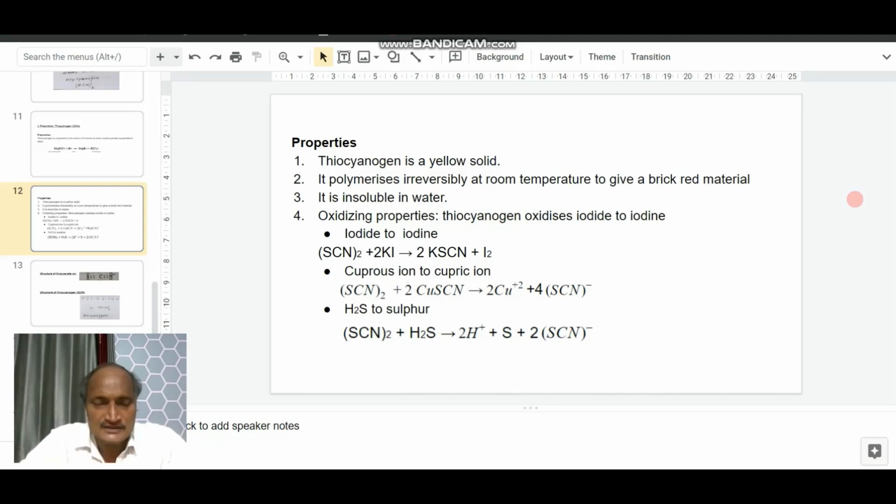It also oxidizes hydrogen sulfide to sulfur. That is, thiocyanogen treating with hydrogen sulfide gives rise to hydrogen protons, free sulfur, forming 2 thiocyanate ions. That is, (SCN)2 treating with H2S forms protons, free sulfur, and thiocyanate ion.